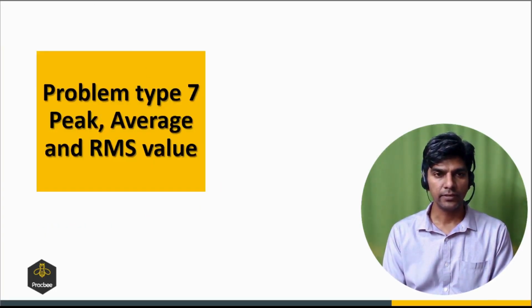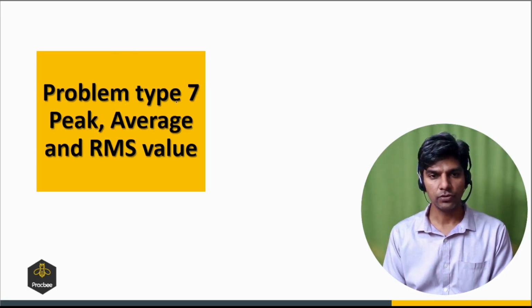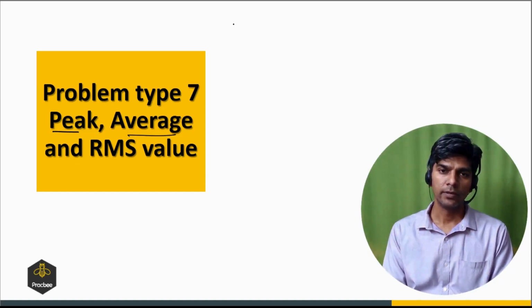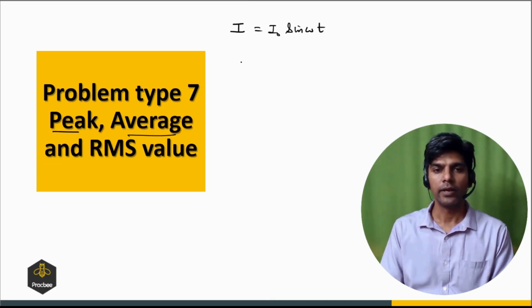Now let us see the next problem type, and it is based on the peak value, average value, and the RMS value of the alternating current and voltage. If you talk about the alternating current, it can be given as I naught sine omega t. The peak value is I naught.